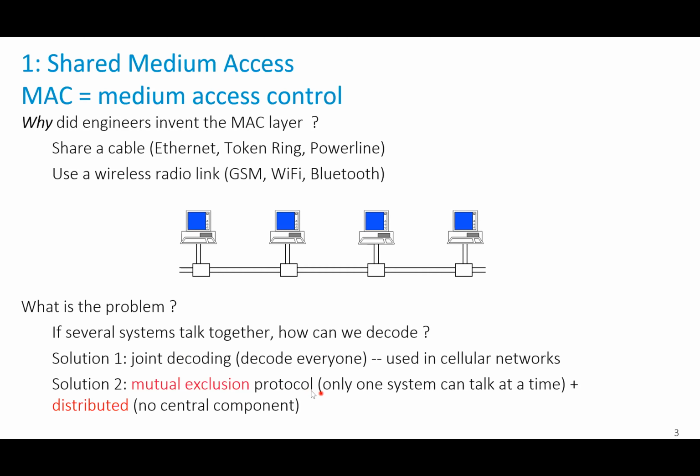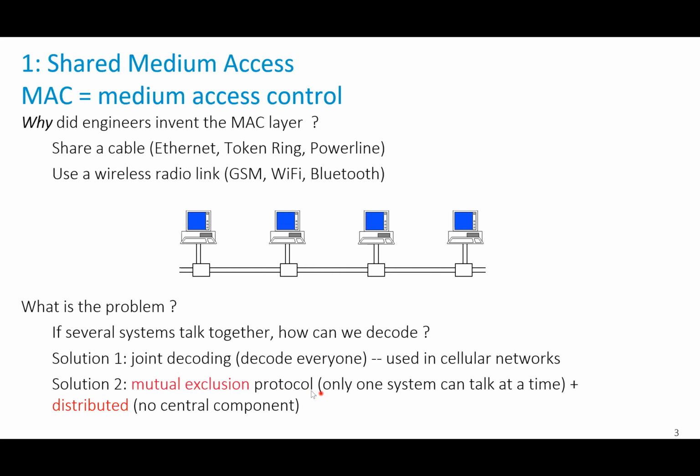Otherwise, if it doesn't work, you detect that, like we've seen with the stop and go protocol. You detect this by absence of ACK, after you wait for some timeout. If it doesn't work, you detect that because you've timed out. And then what do you do? You try again, with a small caveat: you wait for a random time.